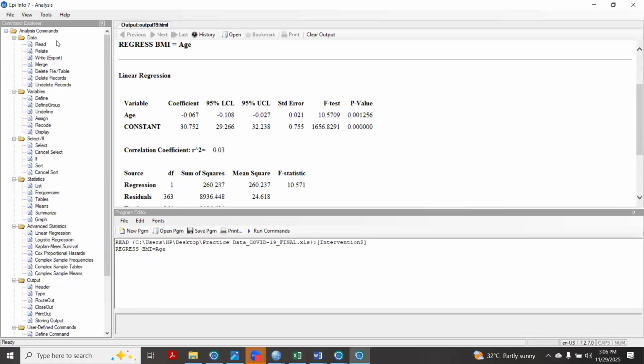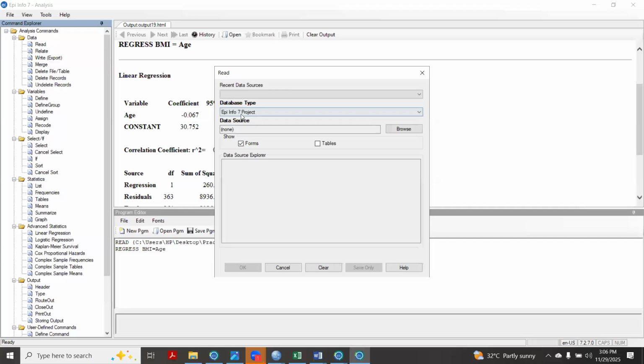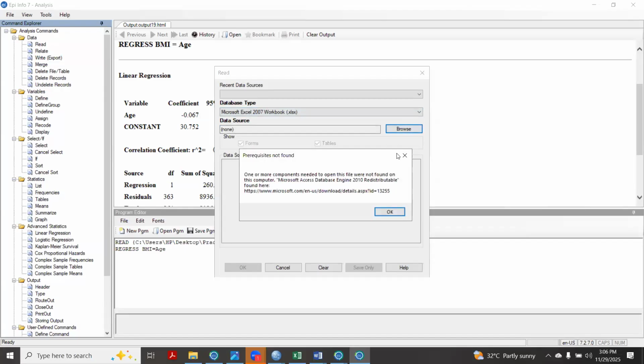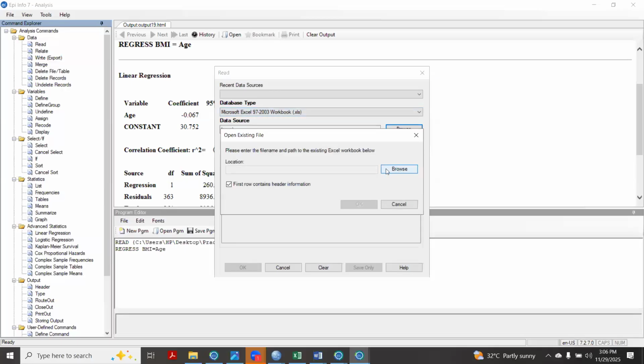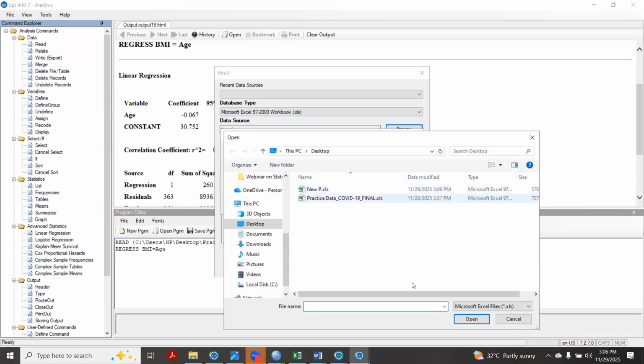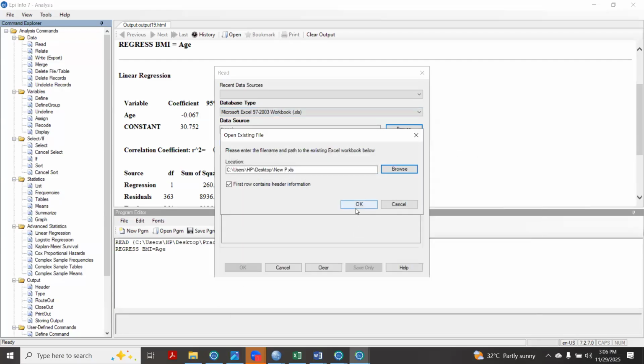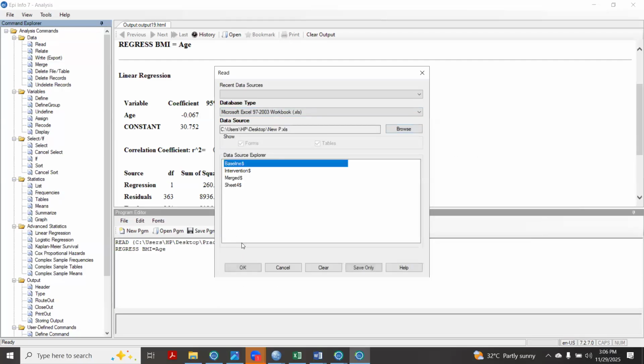So you just come here, import that data sheet. Import the data sheets. So we are using baseline.